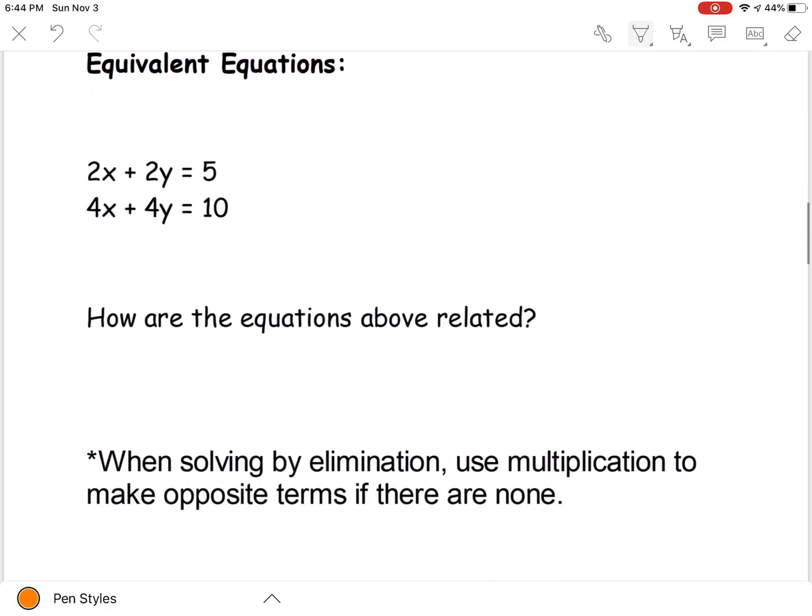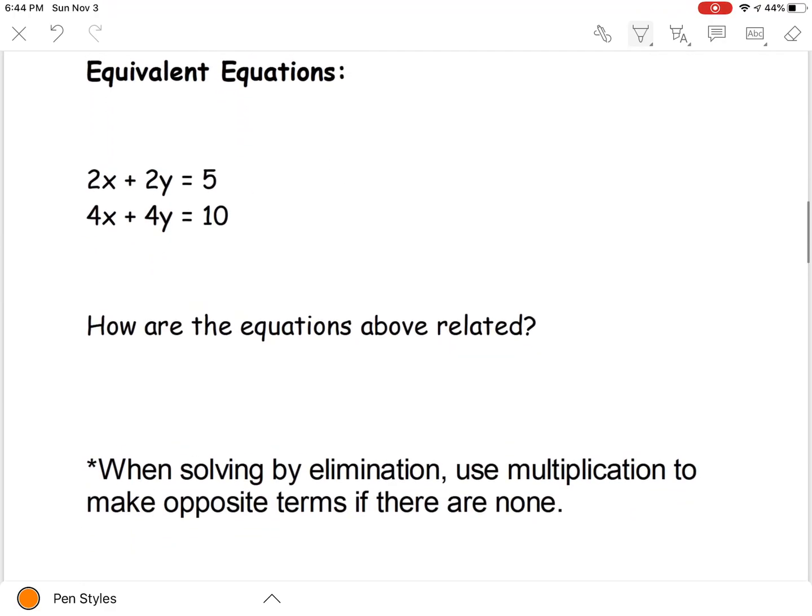So equivalent equations, looking at 2x plus 2y equals 5 and 4x plus 4y equals 10. Take a minute and think about how the above equations are related. We were just talking about the fact that if we need to, we can use multiplication to create equivalent expressions. Hopefully you noticed that this bottom equation is just the top equation, 2x plus 2y equals 5, multiplied by 2.